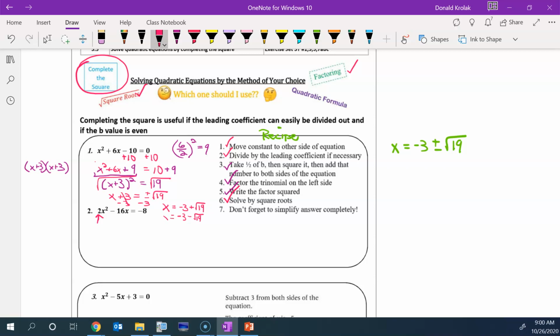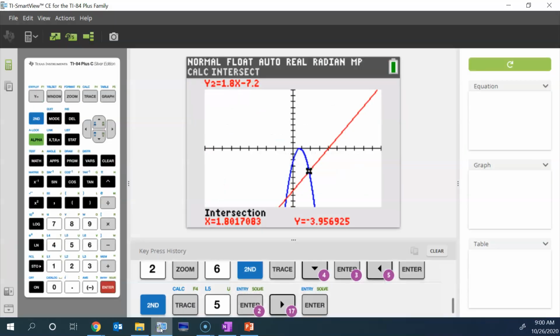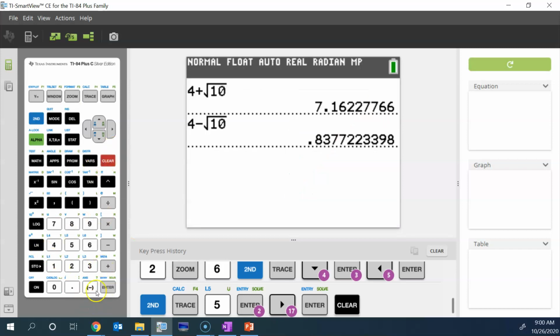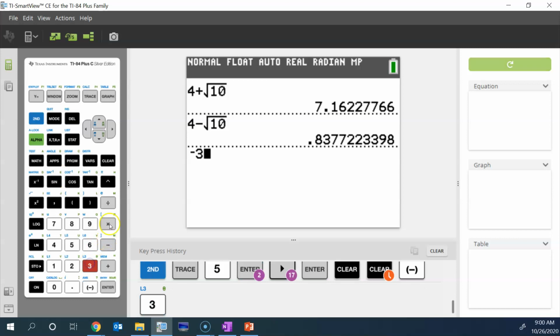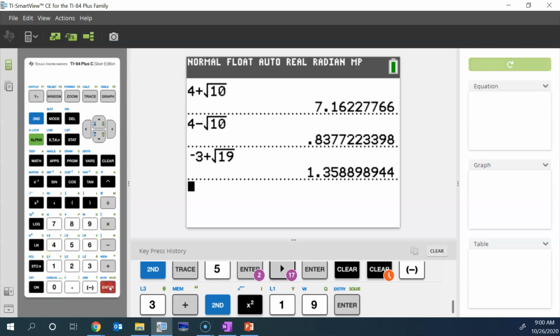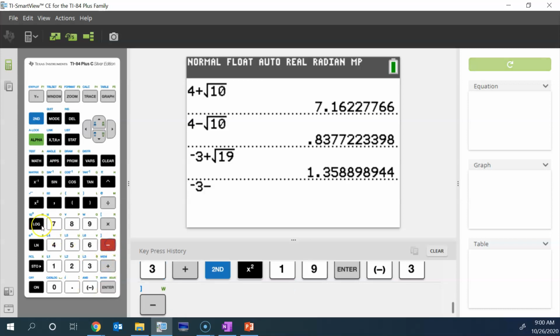If we graphed this, it would go through those two points. One would be -3 plus square root 19, which is one decimal solution, and the other decimal solution would be -3 minus square root 19.